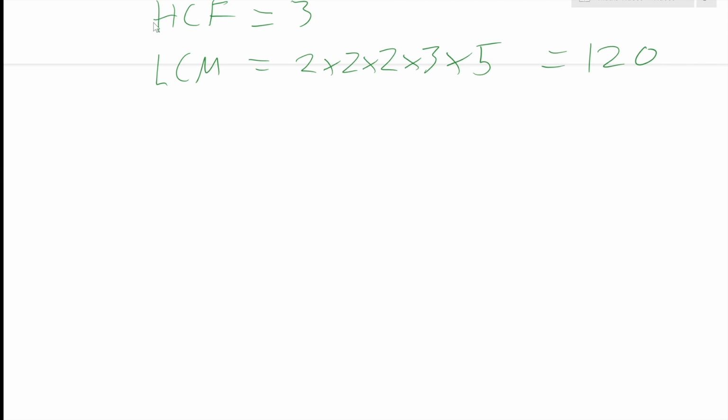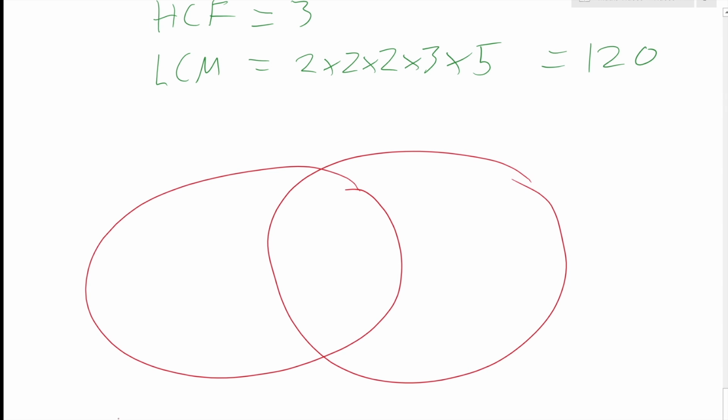Okay, so your turn now. Work out the highest common factor and the lowest common multiple of 60 and 81. Okay, so let's start at the beginning. What are the prime factorisations of each number?